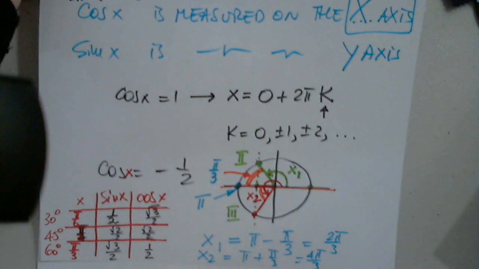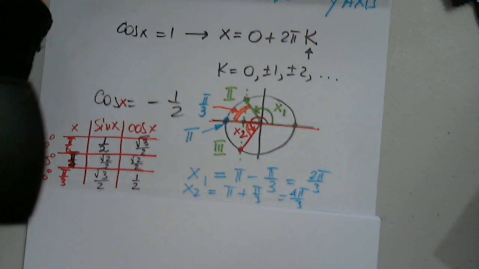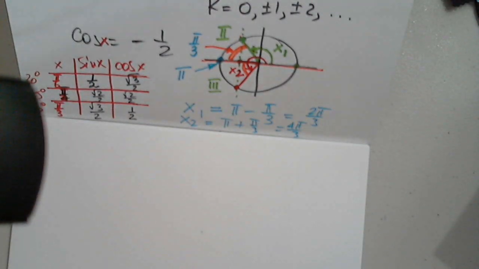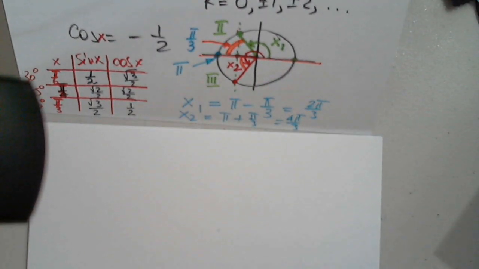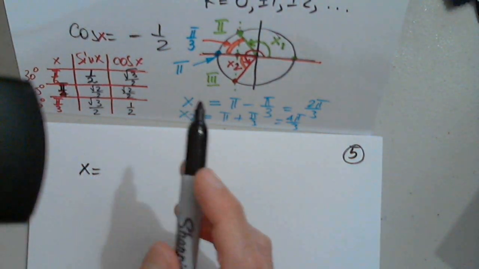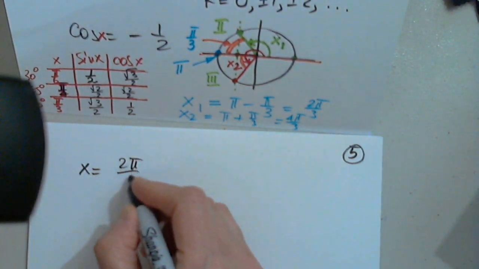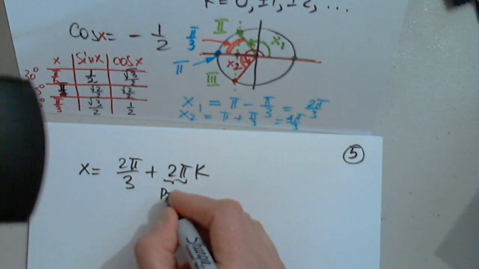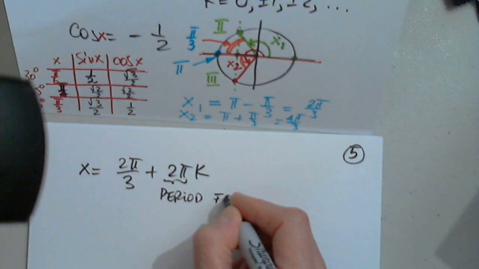Okay, so now we have to write those solutions. So then x equals 2 pi over 3 plus 2 pi k. This is the period for cosine.